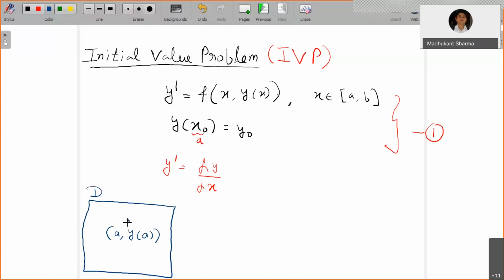Note that we take x naught comma y naught as an interior point of this D, not as a boundary point.